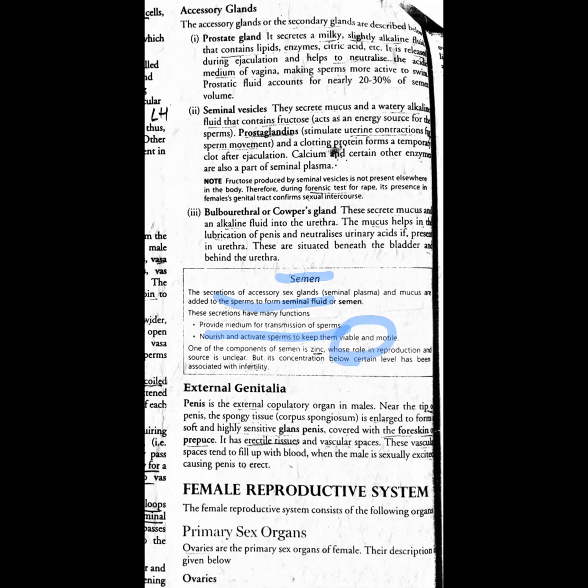Semen also consists zinc, which we don't know. Like scientists are still researching कि ये zinc आया कहाँ से? Who is producing this thing and what is the function of this zinc? Why semen should have zinc? ऐसा देखा गया है कि जब सीमेन में जिंक नहीं रहते हैं तो स्पर्म की मोटिलिटी कम हो जाती है. So the research is still going on what is the function of zinc.